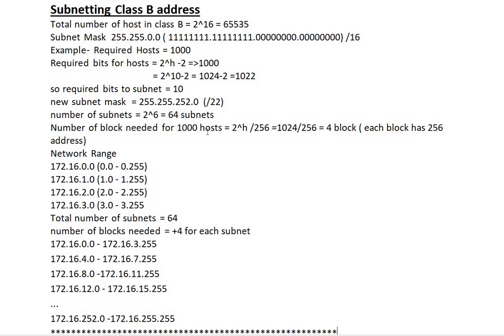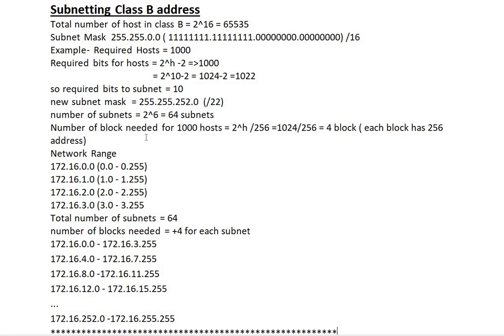To find the number of blocks needed, put 2 raised to the power h, the bits we are using for host, and divide by 256, because one block has 256 numbers. So 1024 divided by 256 is 4 blocks. We need 4 blocks to represent this network of 1000 hosts, because each block has 256 addresses.